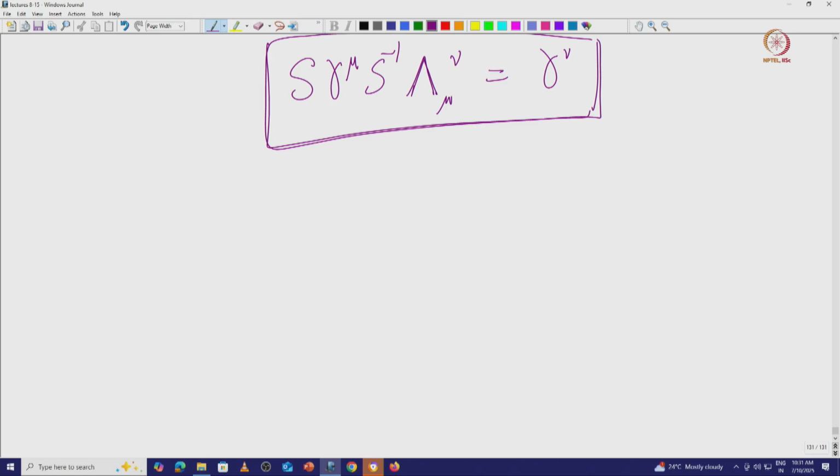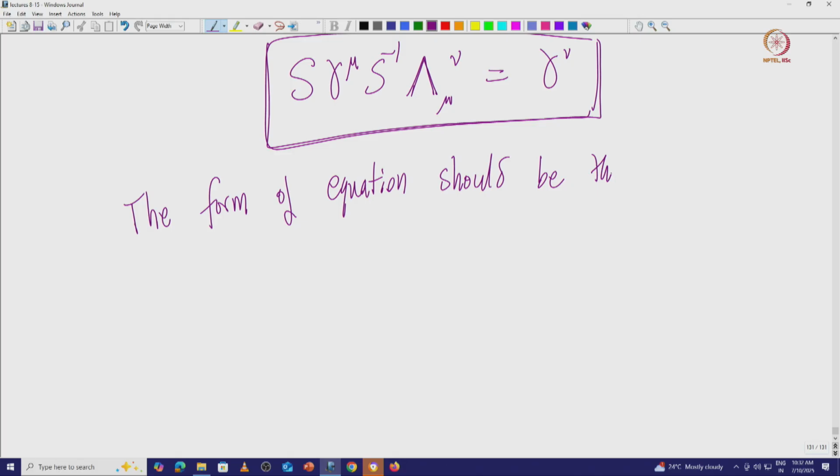Such that the form of the equation should be the same under Lorentz transformations.